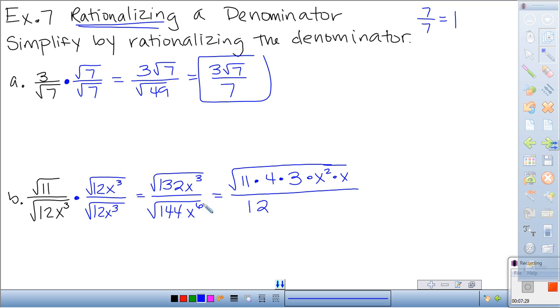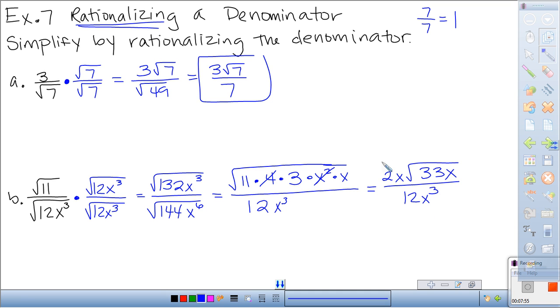And then x to the 6, again, just have that even exponent, so it's x cubed. Now let's take care of the top. We can't take the square root of 11, but we can take the square root of 4, that's 2. And the square root of x squared is just x. And then what's left inside? 11 times 3 is 33 times x, so 33x, divided by 12x cubed.